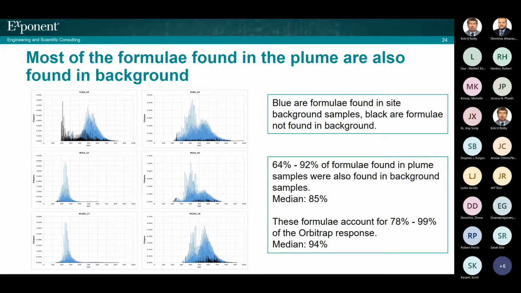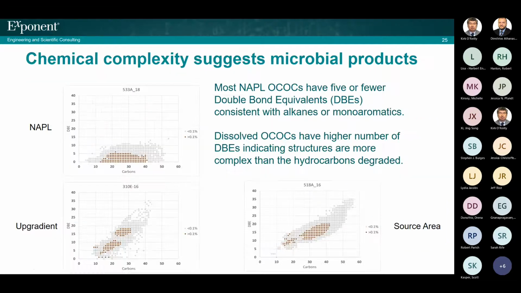The black are unique to only down gradient samples. So what this suggests is that the DOC concentration is much higher down gradient, but the classes of compounds, the chemistry, is similar. And again, we see just a small percentage of the formulae unique only to down gradient samples.